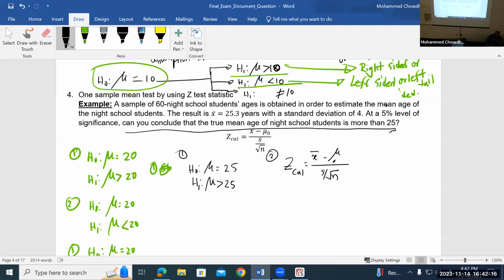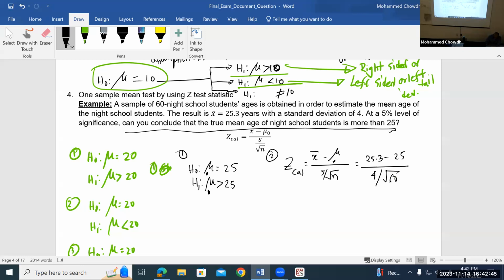This 25 is my mu 0. Null hypothesis: mu equal to mu 0. So x bar equal to 25.3 given in the question, mu 0 equal to 25, s equal to 4, and n equal to 60. Are you seeing the values?